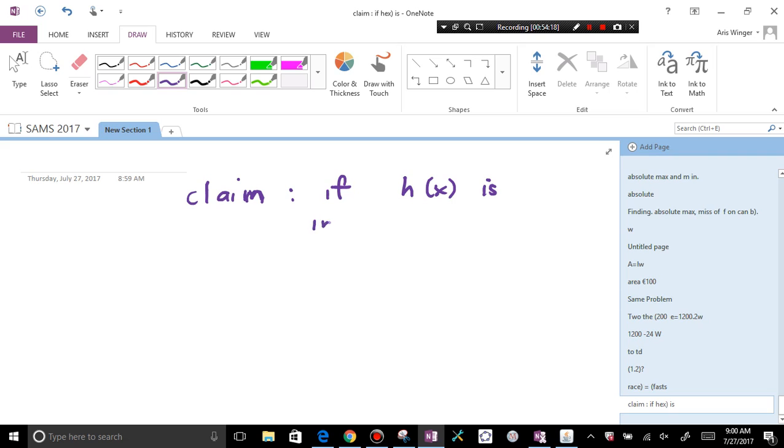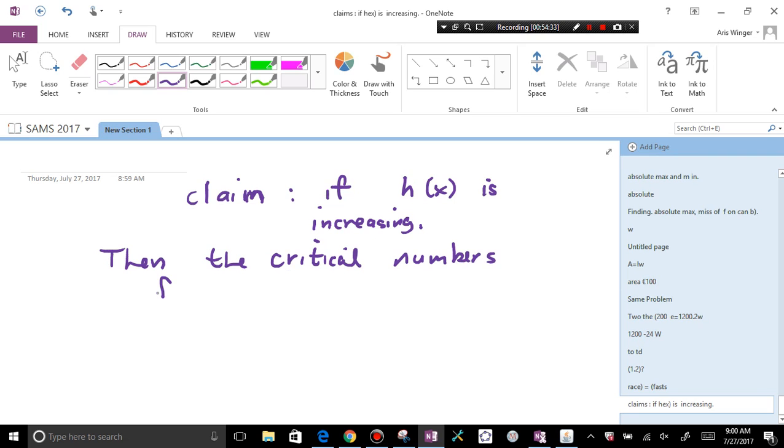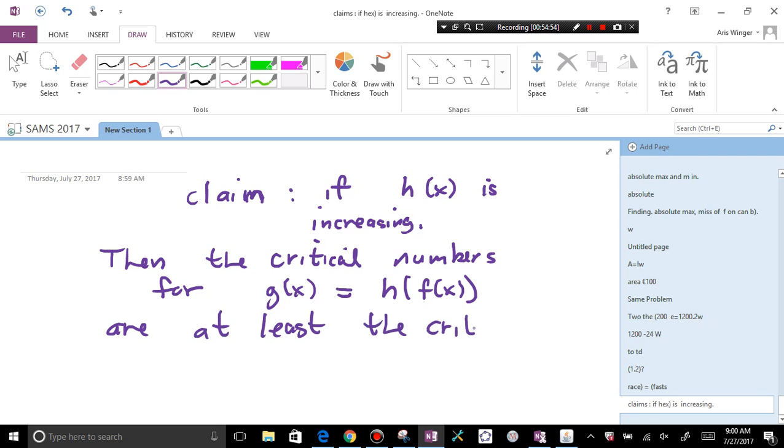If h of x is increasing, then the critical numbers for g of x equal to h of f of x are, well, are at least the critical numbers for f.